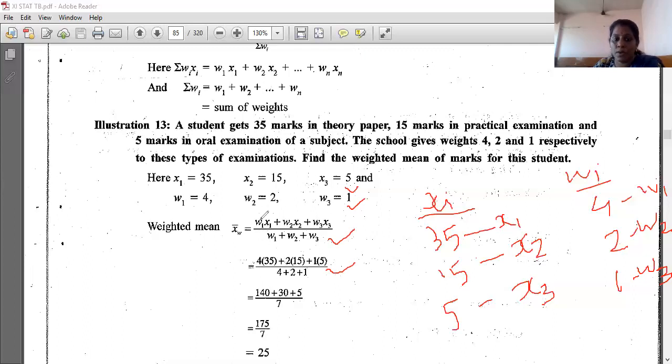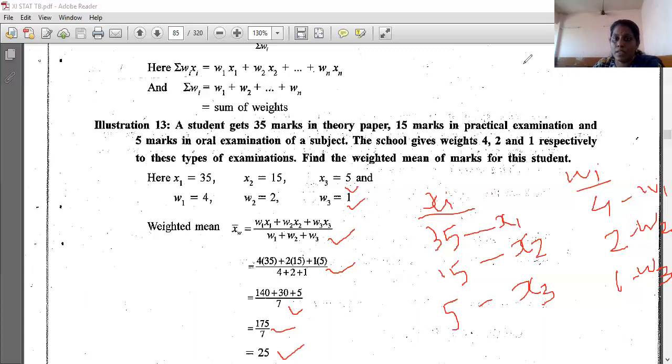So it is 4 into 35 plus 2 into 15 plus 1 into 5 divided by 4 plus 2 plus 1. 4 into 35 is 140, 2 into 15 is 30, 5 into 1 is 5, divided by 4 plus 2 is 6, 6 plus 1 is 7. The total 140 plus 30 plus 5 is 175, divided by 7 comes to 25.